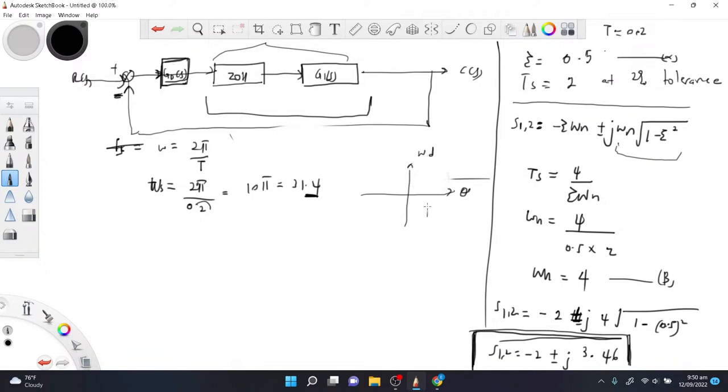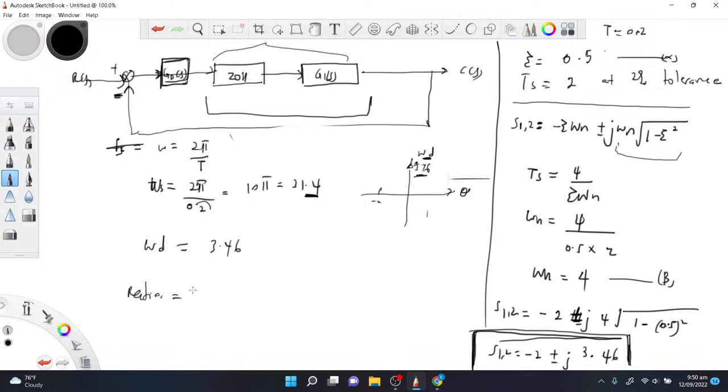Here you get minus 2 plus or minus j 3.46. This 3.46 is the damped natural frequency, omega d. So the frequency at which the system operates is 3.46.